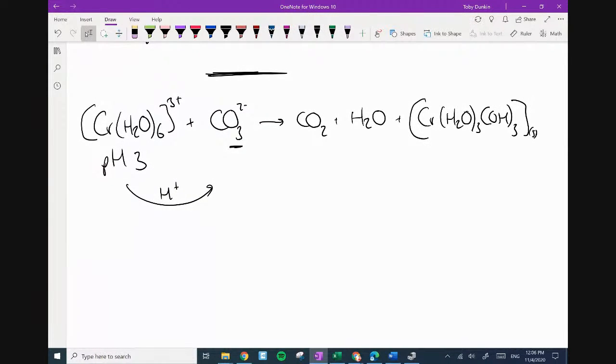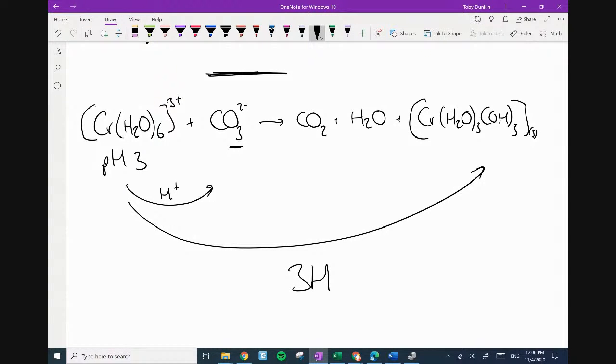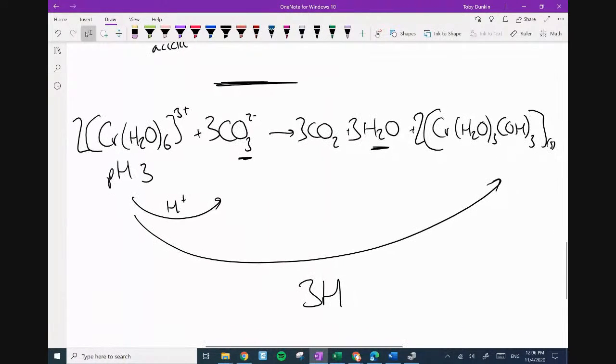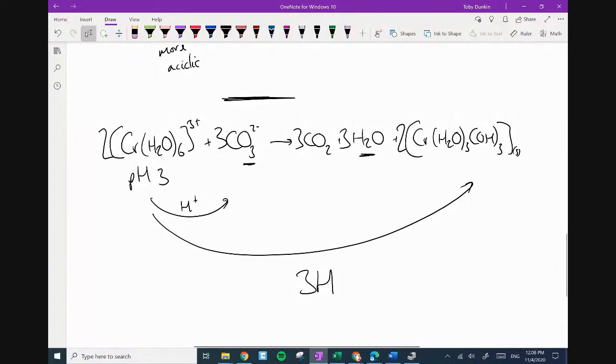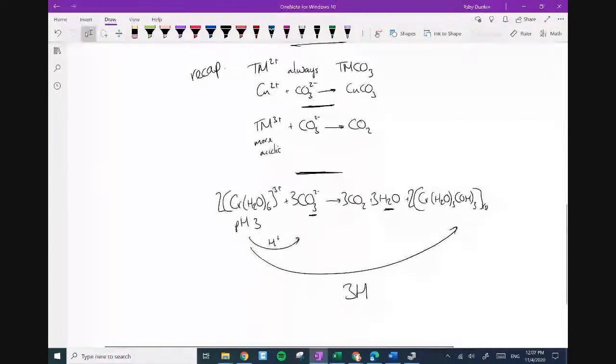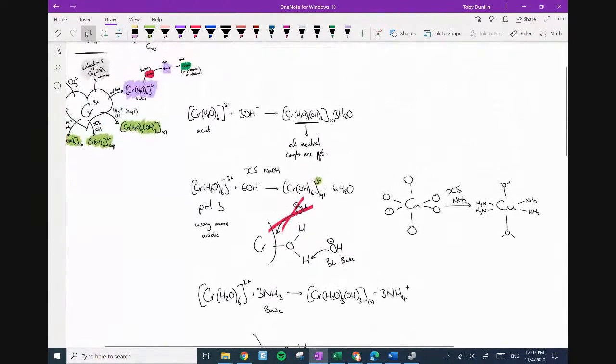And then we have to balance it, which I always hate. So this has lost 3 protons, but 2 of the protons have gone into water. The common denominator is 6. So we need to multiply all this up like that, and then that, I believe. I think that adds up. So there's the equation. Can I just point out learning that has value? Because it's a nightmare trying to build it. I hate building these equations. I do build it, but it's almost easier just to flat out learn it.